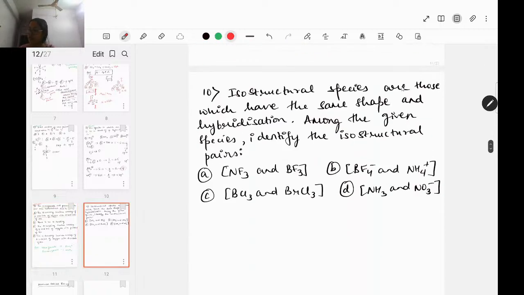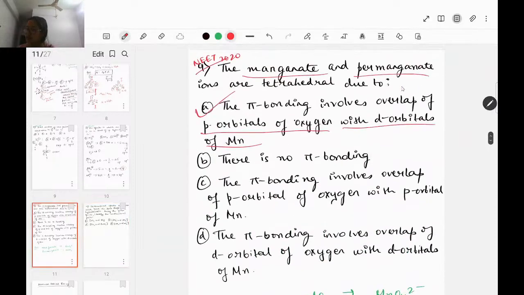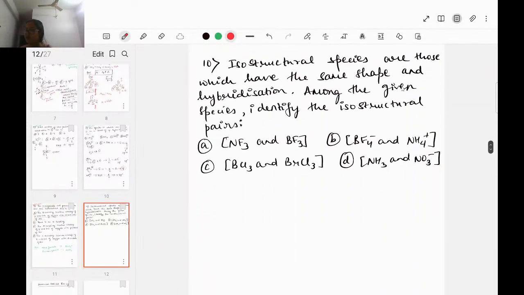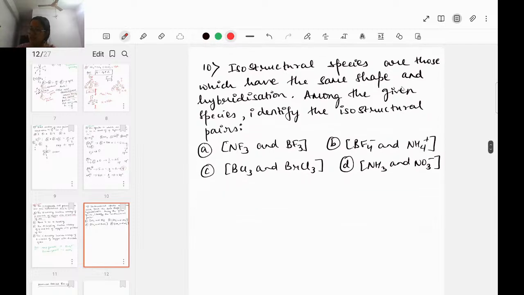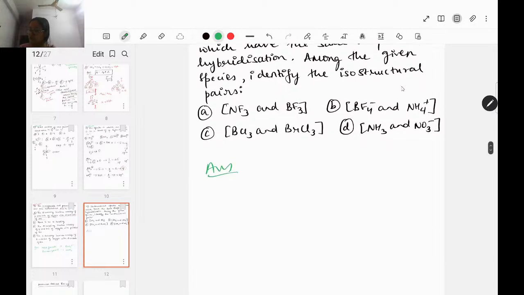Okay, now this came in NEET 2020. Now this one: isostructural species are those which have the same shape and hybridization. Among the given species, identify the isostructural pairs. I will not discuss this much because we have very short time. So see, A has NF3, BF3.